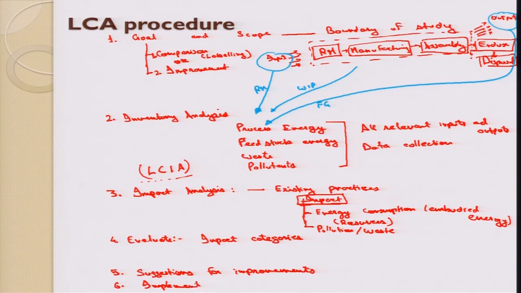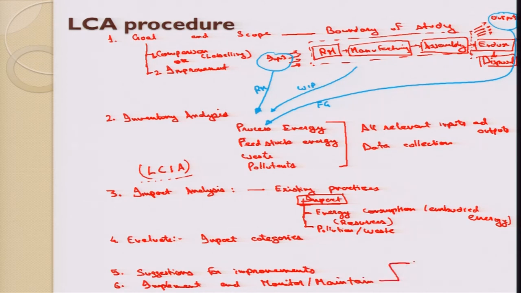And in an extended life cycle assessment, besides giving suggestions for improvement, they can also implement and monitor. I can put that as one point here. Implement and monitor. Monitor or maintain.